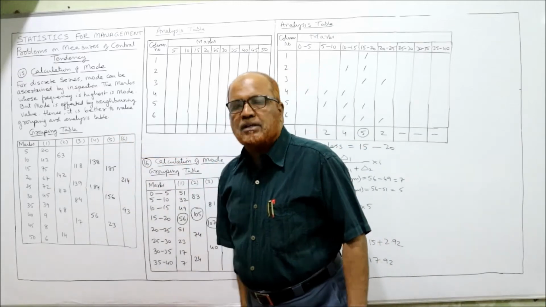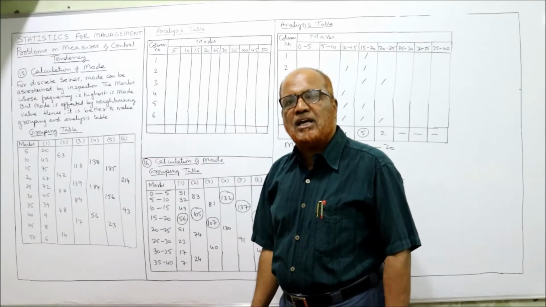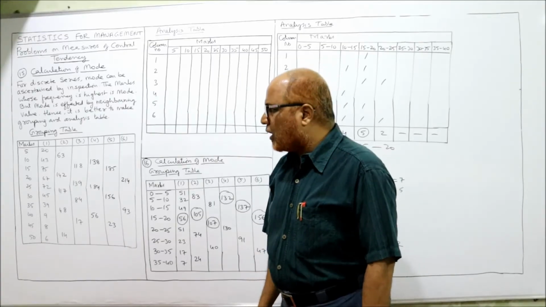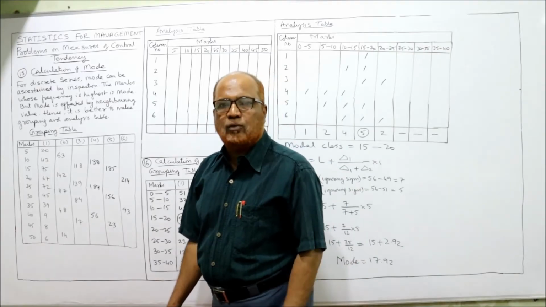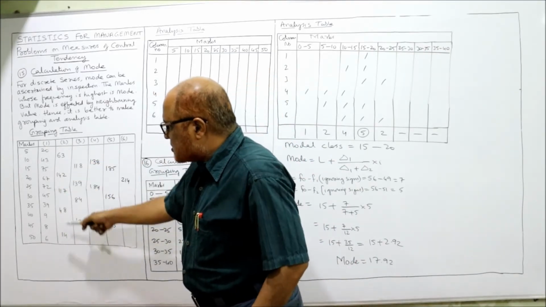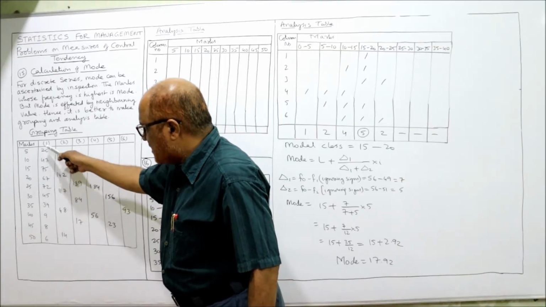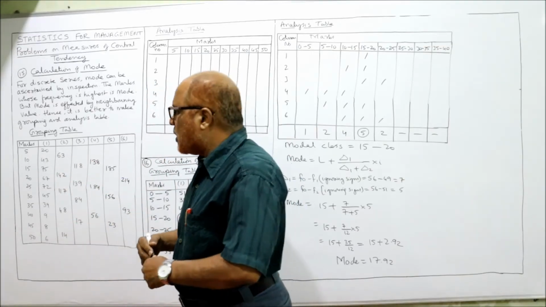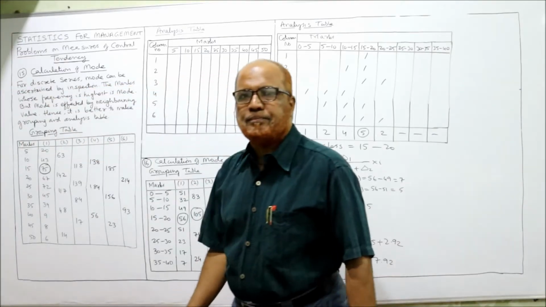After making this grouping table, highlight or circle the highest figure in each column. In every column, circle the highest value. In the first column, what is the highest value? See here, 75 is the highest. So I am putting 75 in a circle like this.